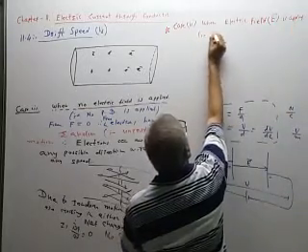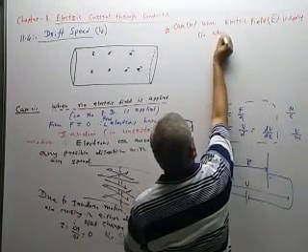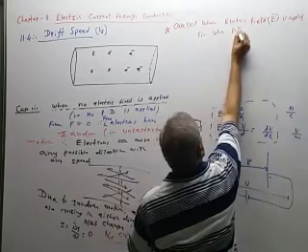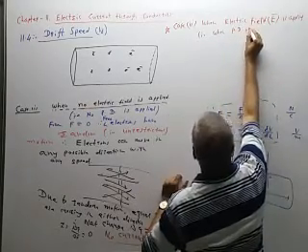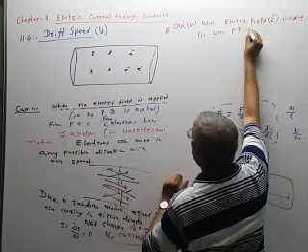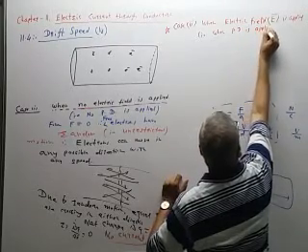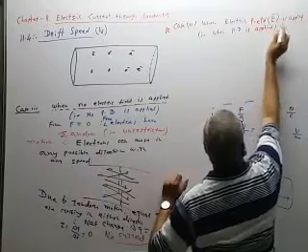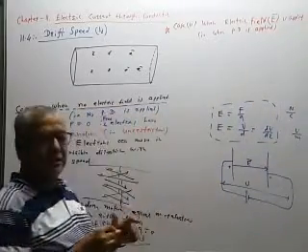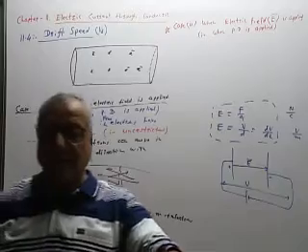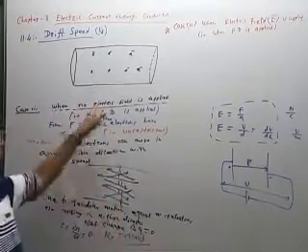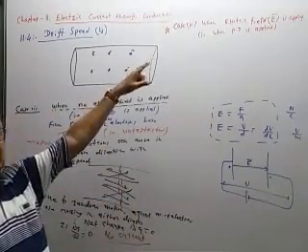That is, when a potential difference is applied between the two ends of the conductor, what will happen? In this case, the answer is yes. No electric field, no current. There is an electric field, there is a current.